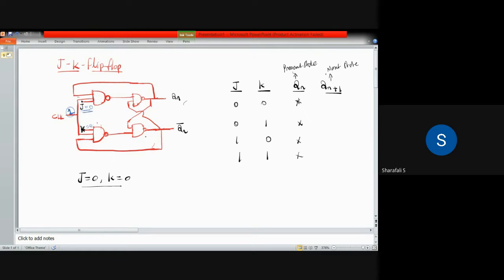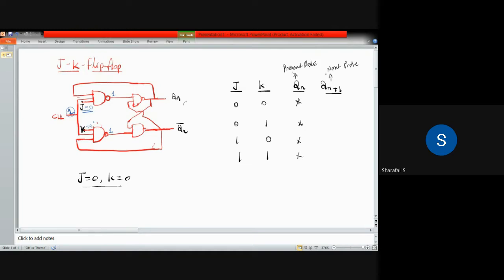That is the condition. With J equal to 0, K equal to 0, one of the inputs to these NAND gates is 0, which means your output will be equal to 1 for this one. Here also the output will become 1, because one of the inputs to the NAND gate is 0, and you have to take the AND operation and then the complement.